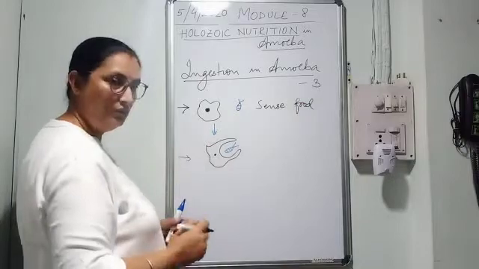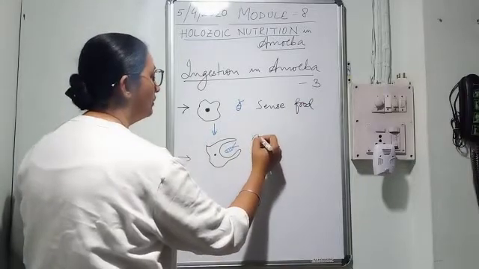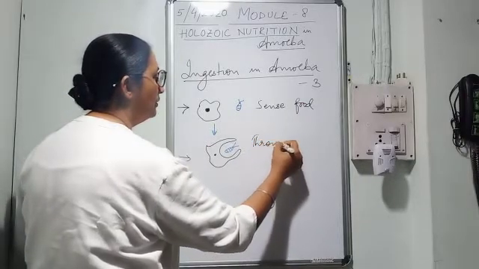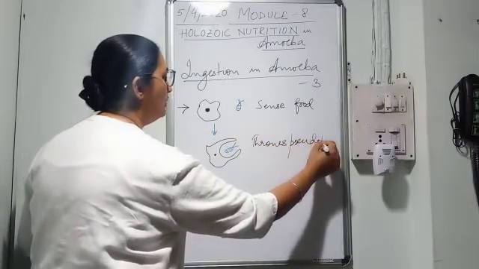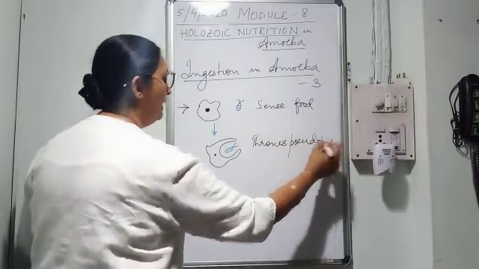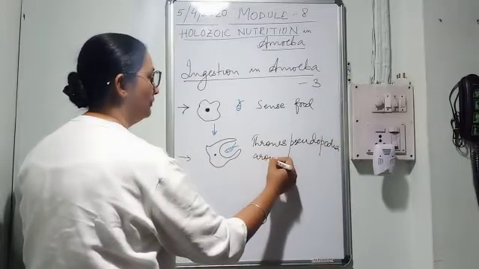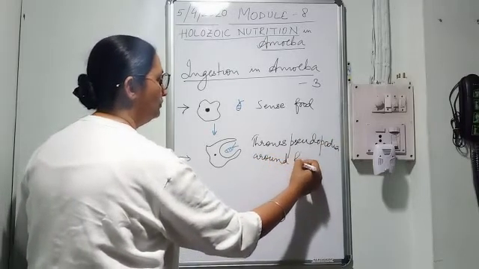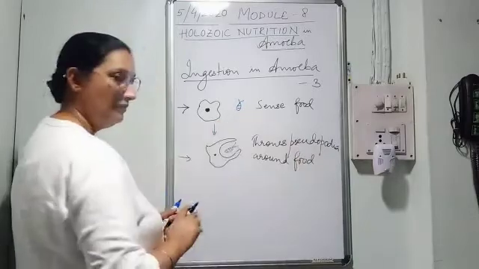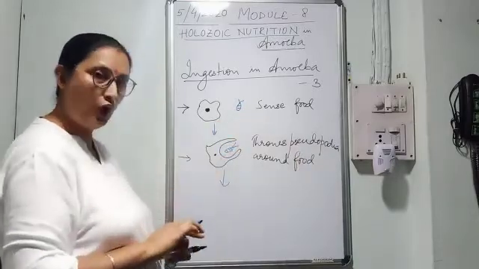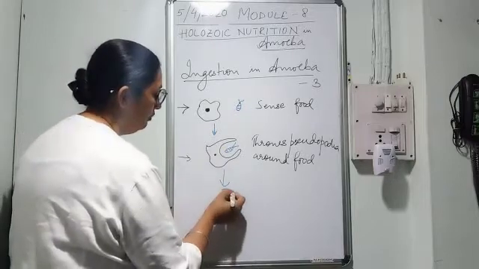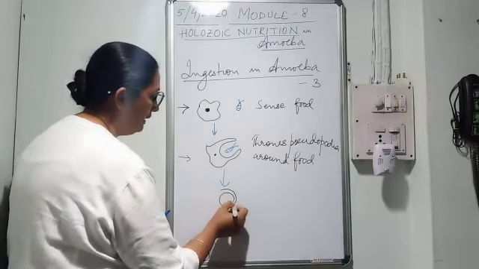Step number 2, throws pseudopodia around food. You can see how small the points I am writing are, and they are not difficult to learn. Both the pseudopodia join. Both the pseudopodia join, creating a food vacuole.